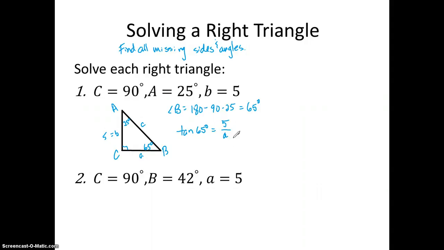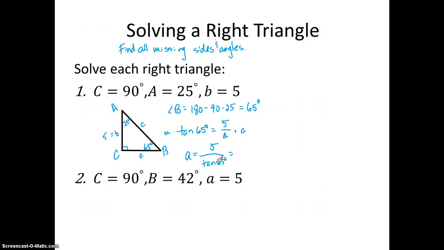And now I'm going to solve this. I can solve this by multiplying both sides by A and then dividing by tan 65. So 5 over tan 65. Now we're going to want to use a calculator to solve that out. So we grab our calculator, and make sure your calculator is in degree mode.